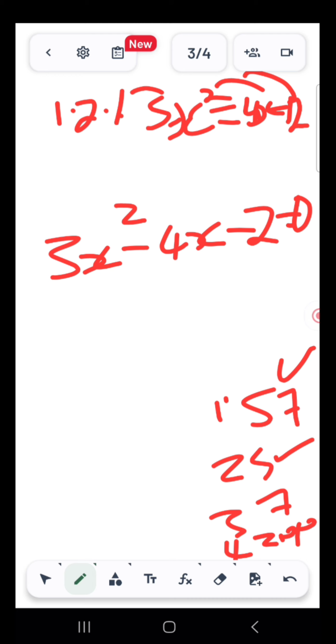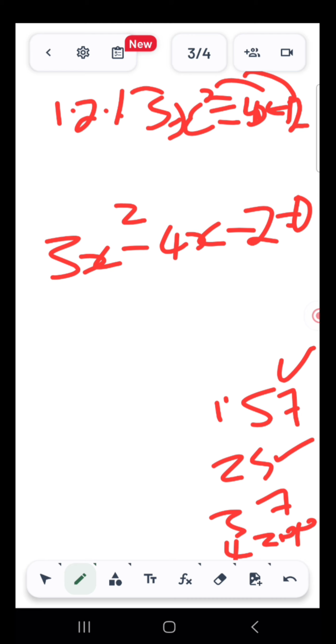So here the question said correct to 2 decimal places. So correct to 2 decimal places means that it cannot be factorized using the factorization method. You can use a formula, or you can use the other method. I think they always go for a formula, so let's use a formula, right?